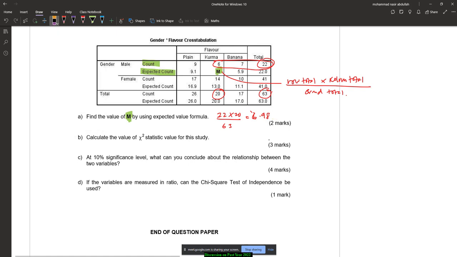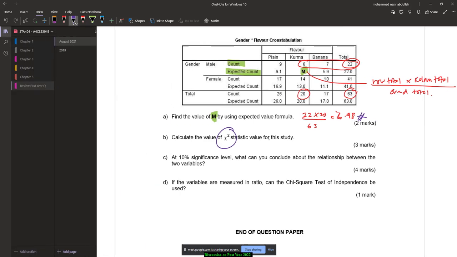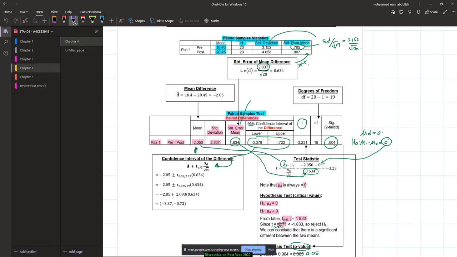Alright. Okay, calculate the chi-square statistic value for this study. It is a bit difficult. So we look at the formula in the notes that we have.